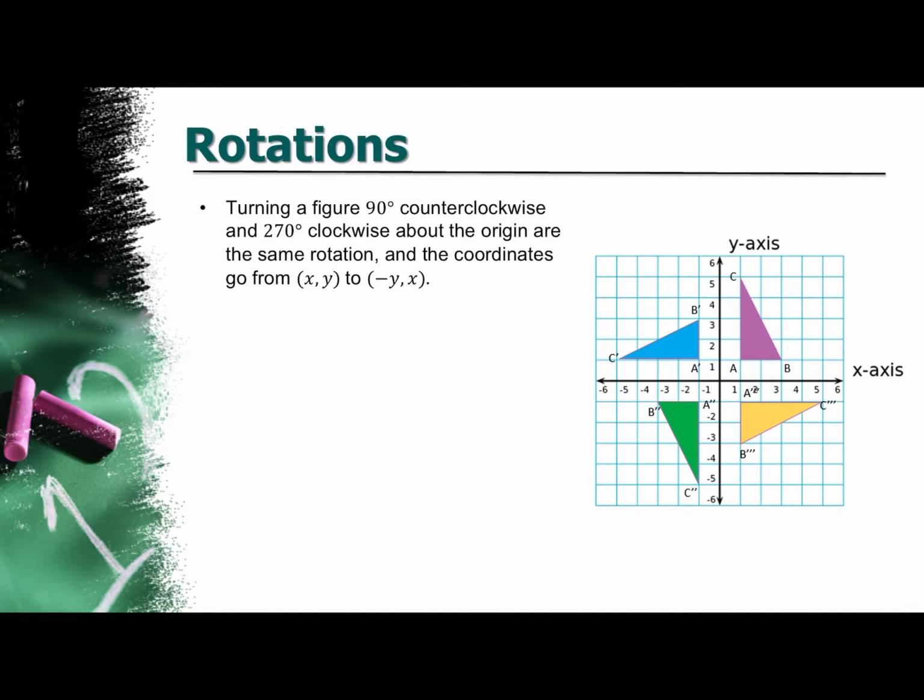And the x and y values, what is (x, y) in the purple one, the first one, is (negative y, x) in the second one. And so we're switching the x and y, but we're making the first one negative, right?